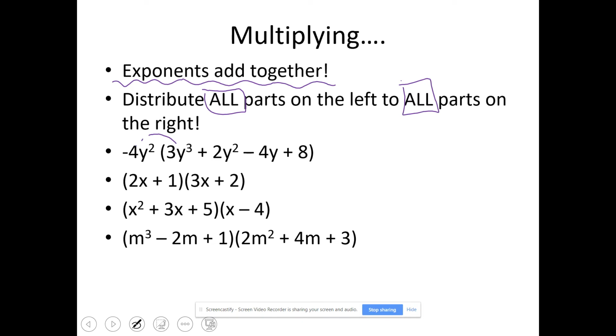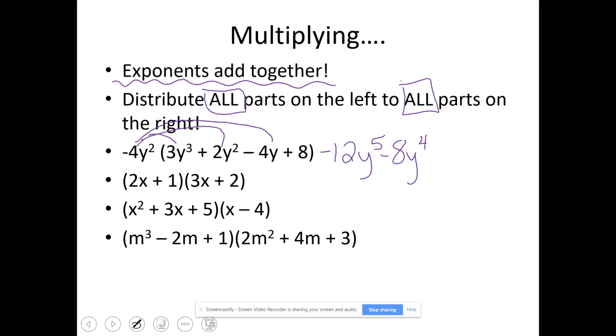So negative 4 times 3 is negative 12y, and then we have 2y's and 3y's for 5y's. Negative 4 times positive 2 is negative 8. 2y's and 2y's is y to the 4th.